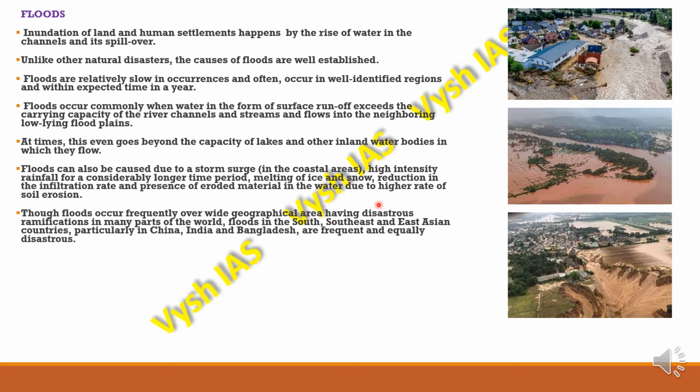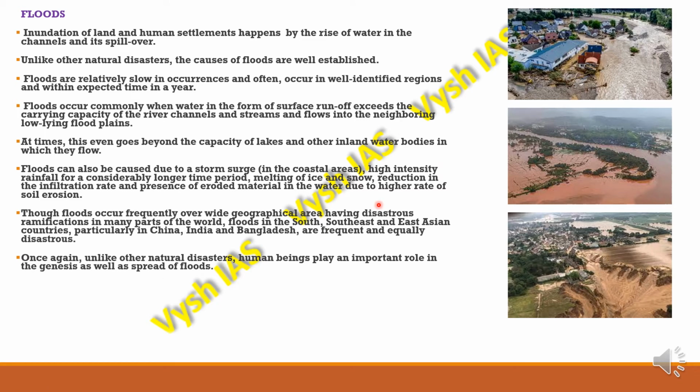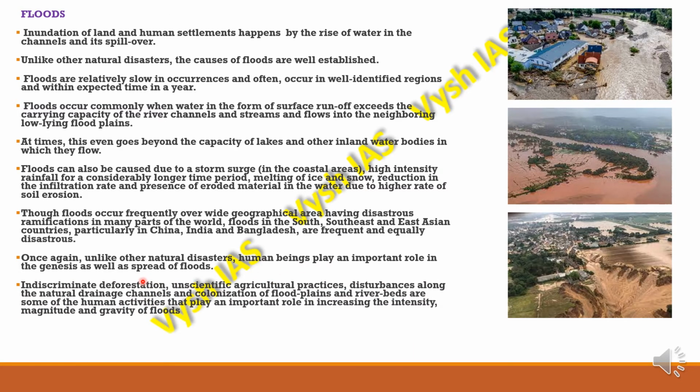Floods in South, Southeast and East Asian countries, particularly India, Bangladesh and China, are very frequent and equally disastrous, causing a lot of damage. Unlike other natural disasters, human beings play a very important role in the genesis as well as the spread of floods. Here we get to know that human beings play a very direct role in causing these floods.